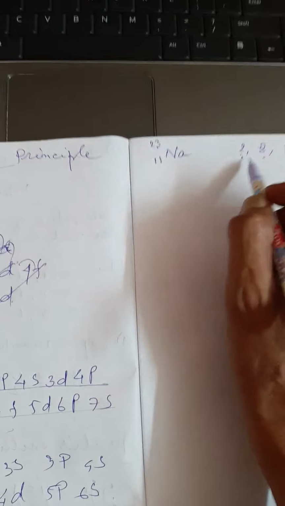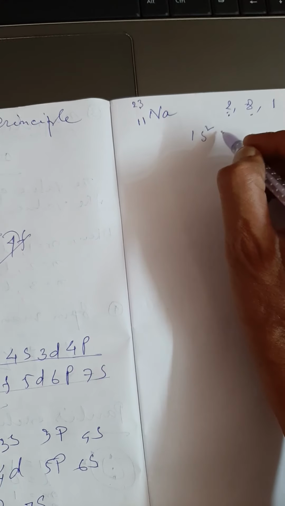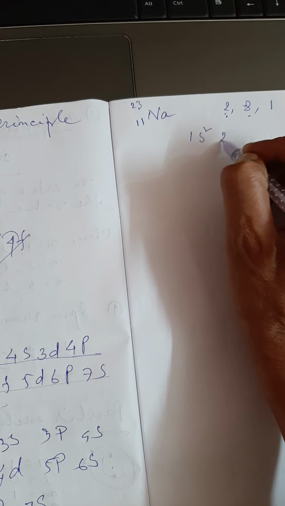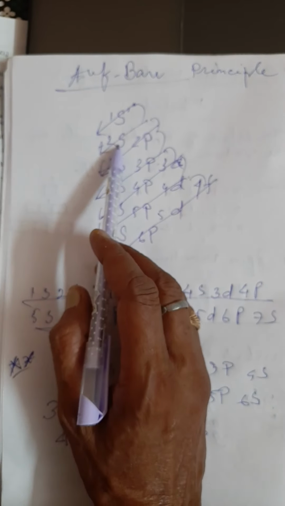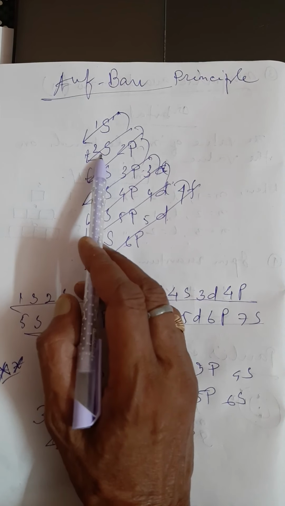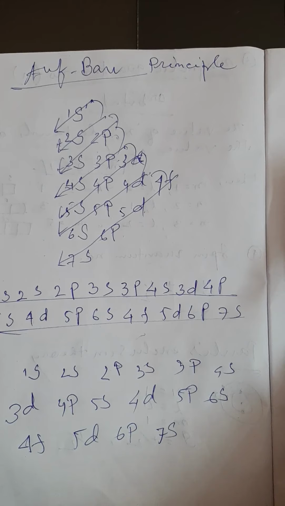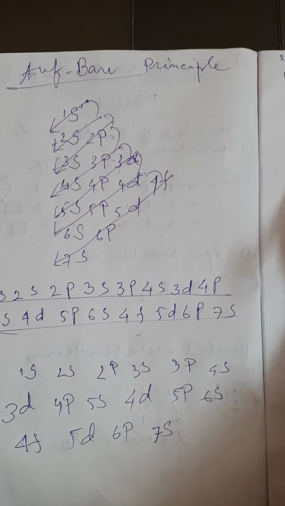Okay. Now 1s2 first orbit. Second orbit 2s2 2p6. You know, in the second orbit there is S and P. So S orbital can hold 2, P orbital can hold 6.